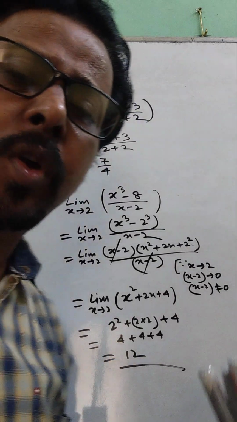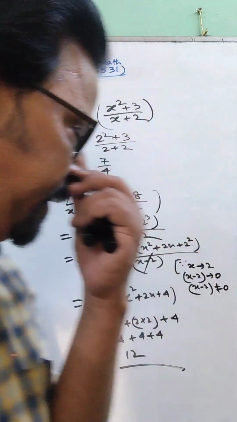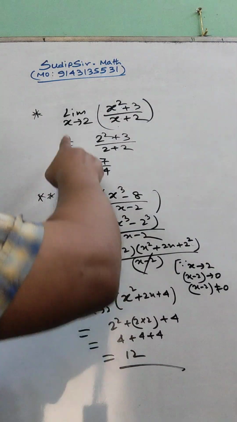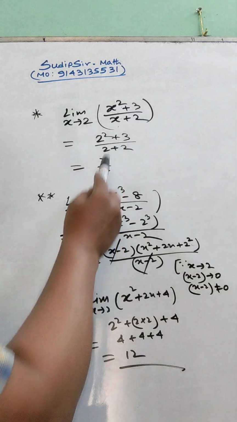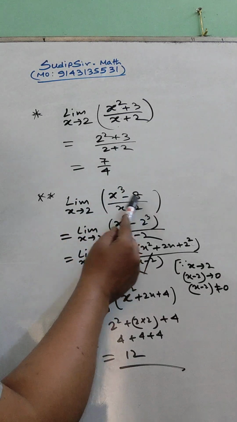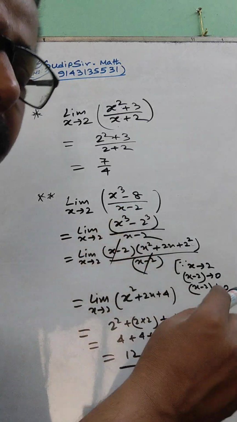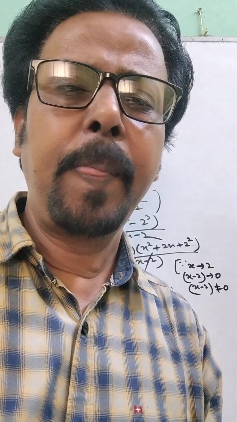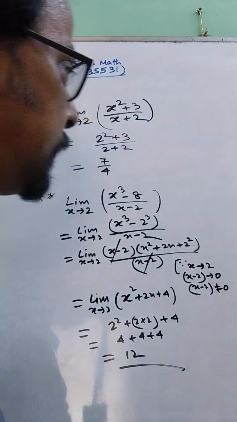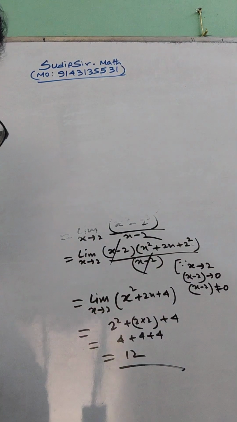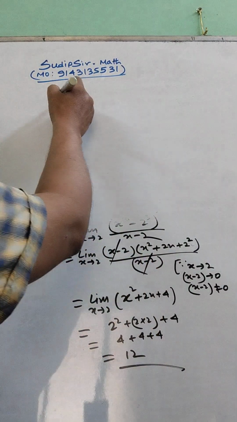It is not the actual value, it is the limiting value, very near to this. So if after putting the value you get 0, then we have to remove that factor, and only then can you get the limiting value.